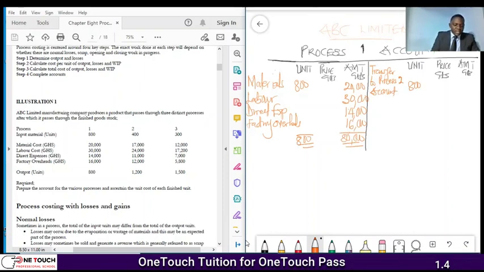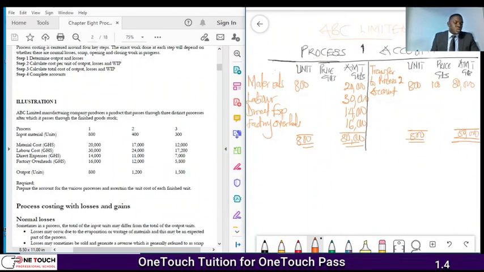We have 80,000 divided by 800, and that gives us 100. So the unit price of a unit is 100 Ghana cedis, and that gives us 80,000. Great. So at the end of the day, we close our accounts: 800, and the total is 80,000.